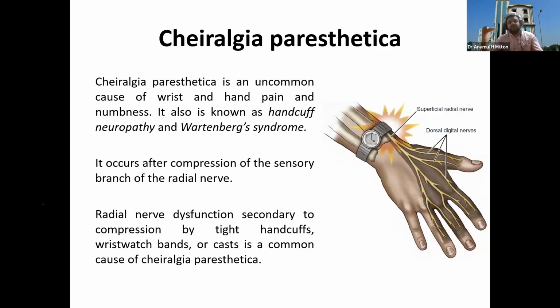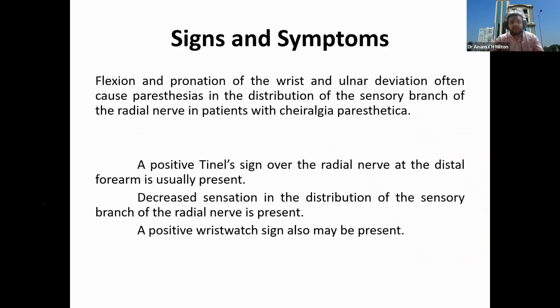Because it is a sensory nerve, only the sensation may reduce, and there is no motor deficit. Signs and symptoms, as I have told, are paresthesia or numbness, sometimes tingling. All are sensory presentations; there is no other presentation.